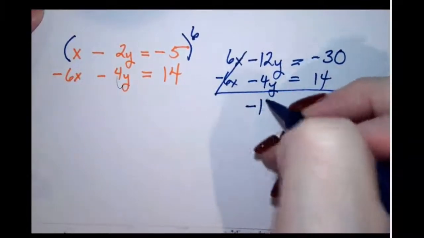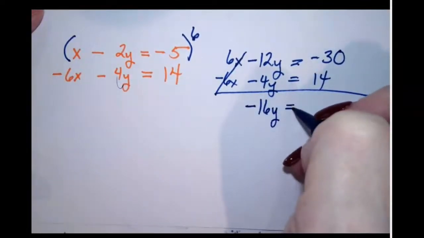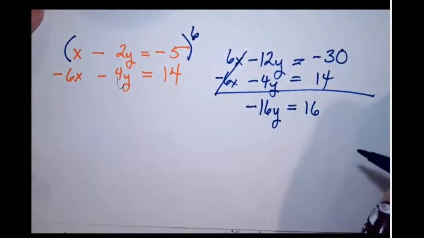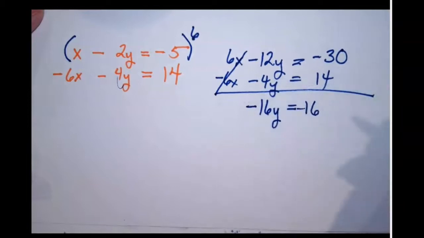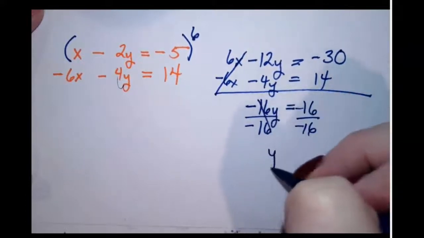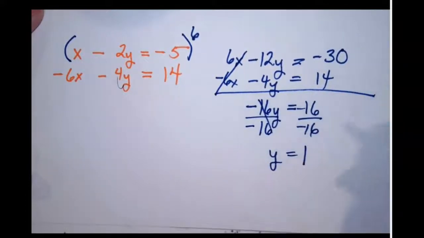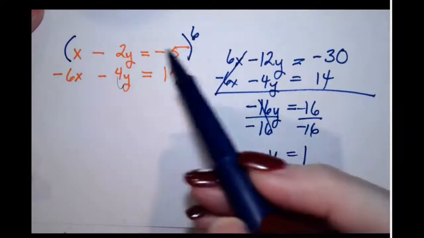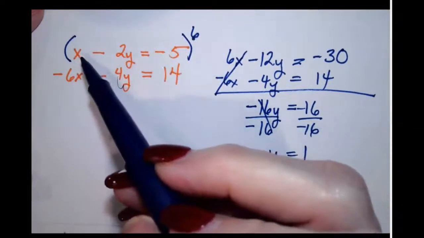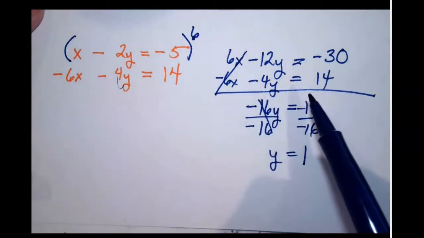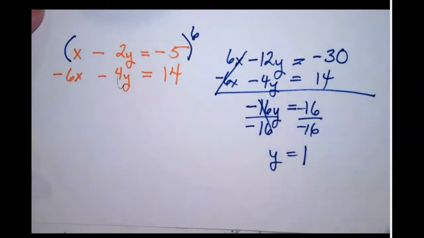So I can still finish my work, and this is going to be negative 16y, and we're going to divide both sides by negative 16, and y equals 1. But I had to figure out how to multiply one of the equations so that there was something that disappeared.